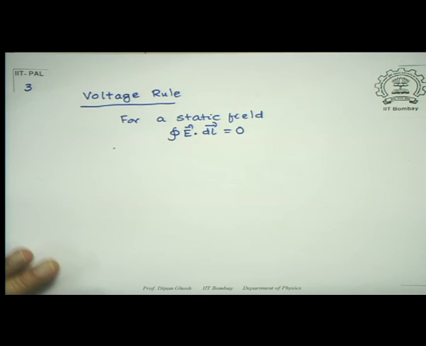So the net EMF in a closed loop must be equal to 0. Now in doing so, I need some working method, and these are simple conventions by which you could do your problem. You could decide that you want the opposite convention, nothing would go wrong.